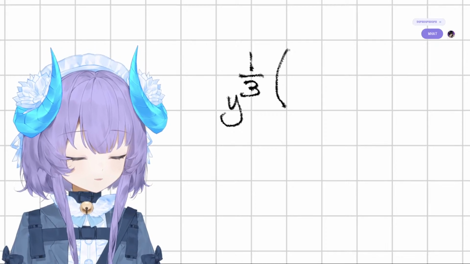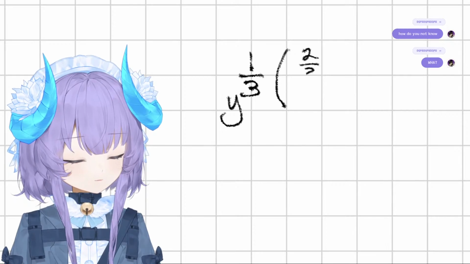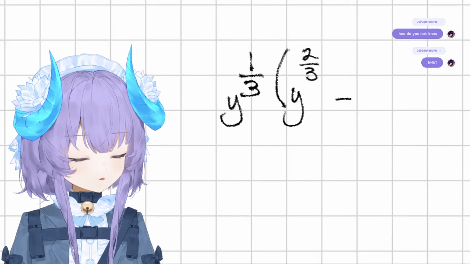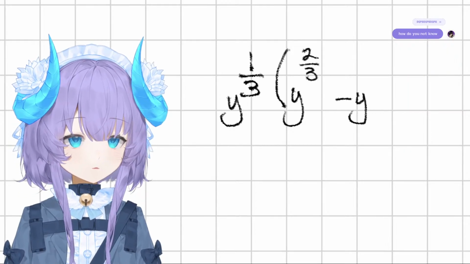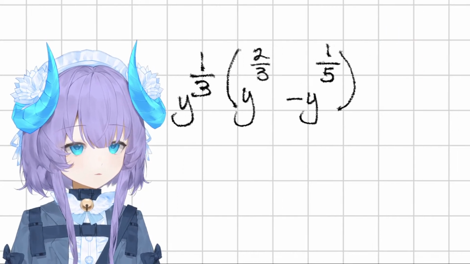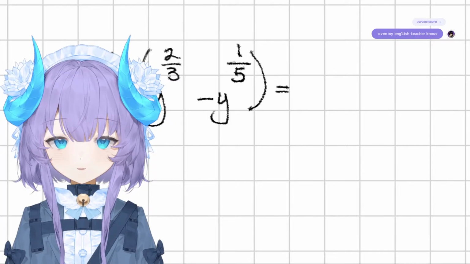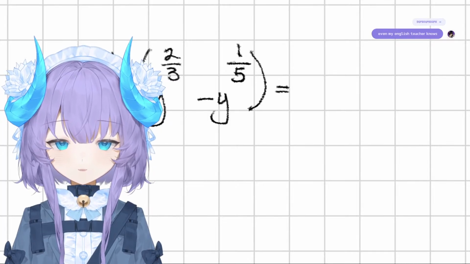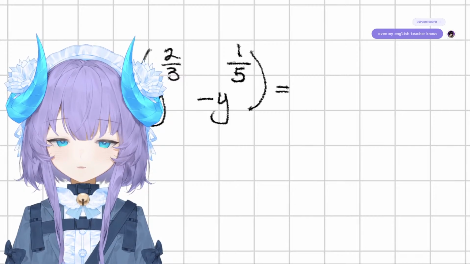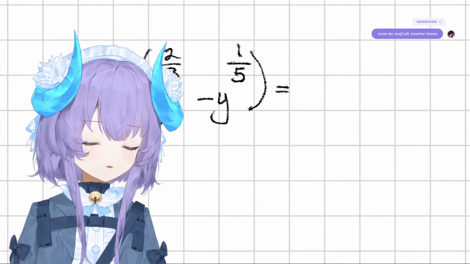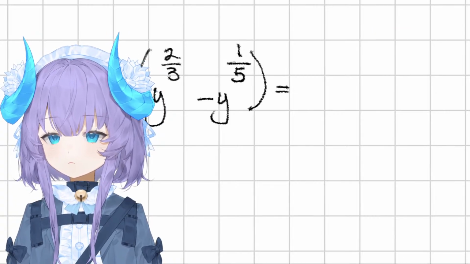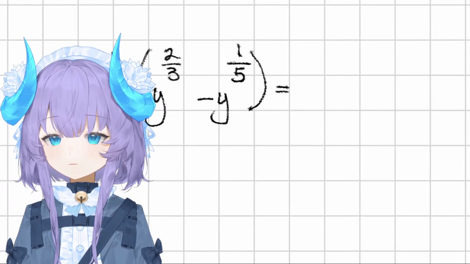I'll write this out as nice as I can. Okay, this one's easy. Is that one of those Italian brain rot things? I don't know, man.